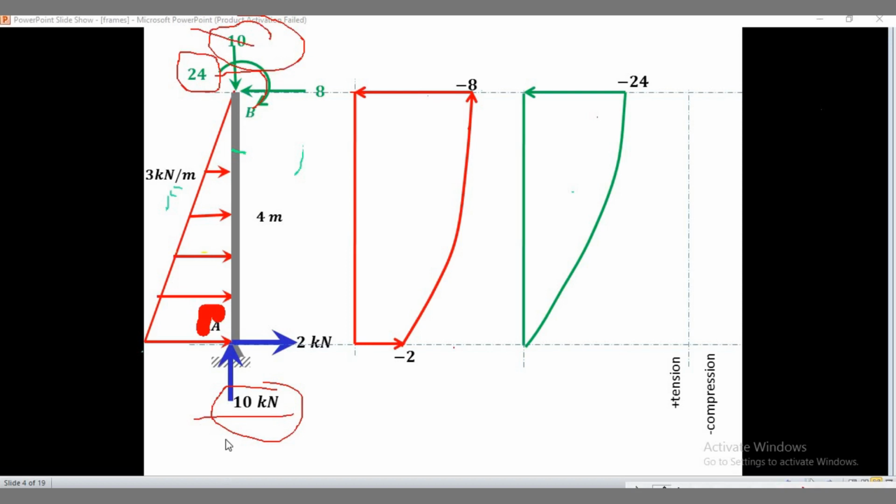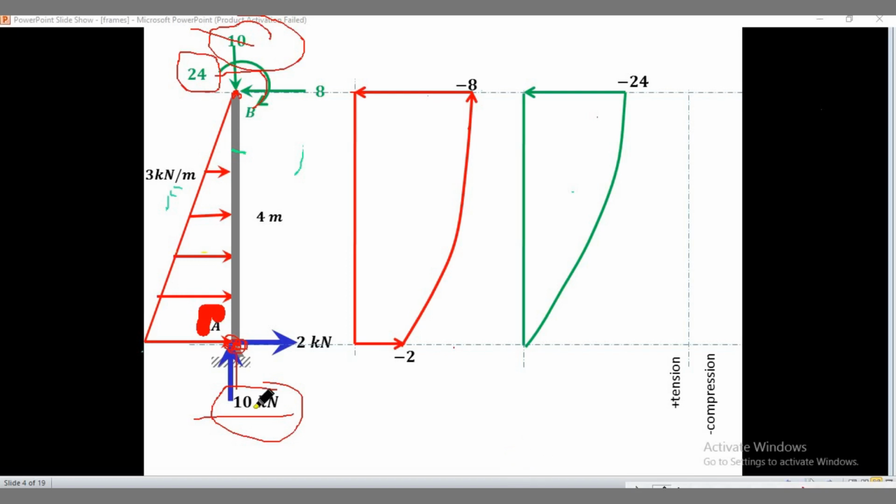But what is the direction? Again, as you can see here, the arrow is towards the joint. Towards the joints. So, anong sabi natin during our trusses? Diba, if the arrow is towards the joint, that is a compression member. But if the arrow is away from the joint, that is a tension member.